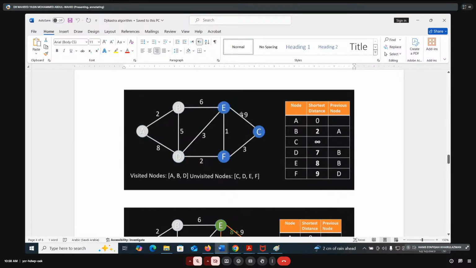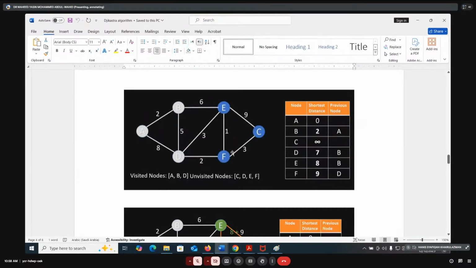So to C, 17, and the previous node is E.